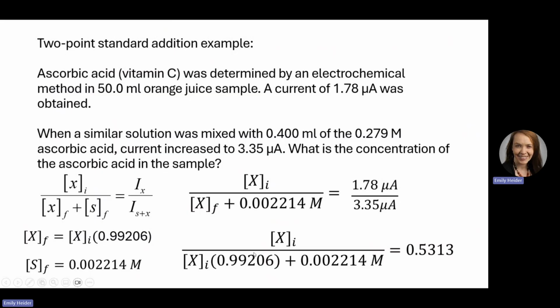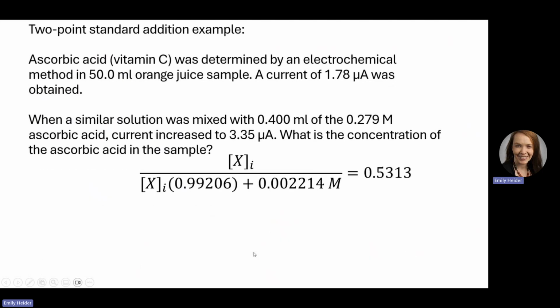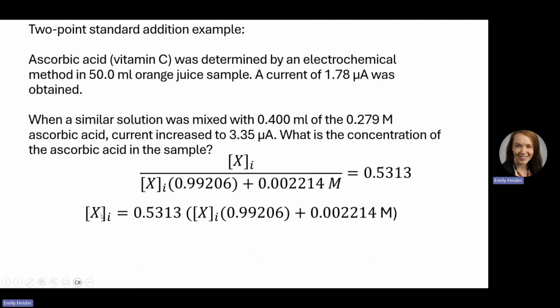And after that, it's just algebra to try to solve for x sub i, that initial ascorbic acid concentration. So I'm going to multiply the denominator by both sides. And here's what my algebra looks like after that. So 0.5313 times x sub i times 0.99206 is up here. And then this is our standard concentration times that ratio of signals. And if I'm carefully doing algebra, I can combine like terms on the left-hand side of the equation.